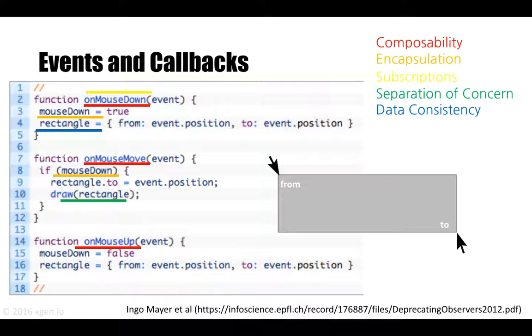This type of code also leads to subtle bugs in terms of data consistency because you're updating global variables, and multiple events need to be processed concurrently.